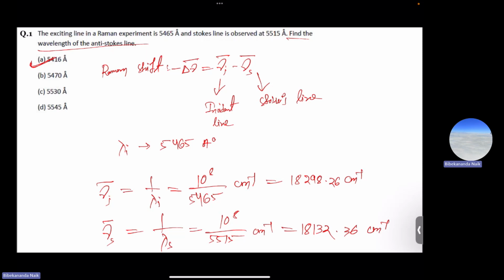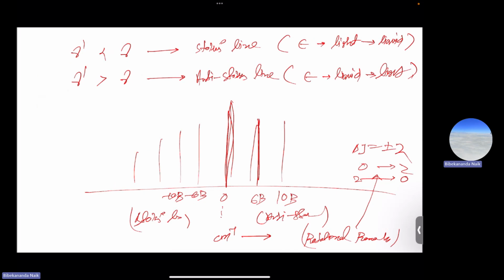Now we already discussed, if the energy gets transferred from the photon to the liquid, then the frequency of the scattered line will be lower. And since the frequency will be lower, the wave number will be also lowering, because frequency is directly proportional to the wave number.